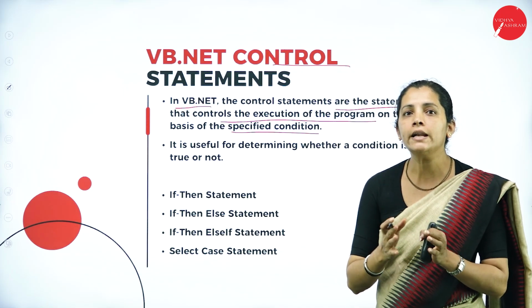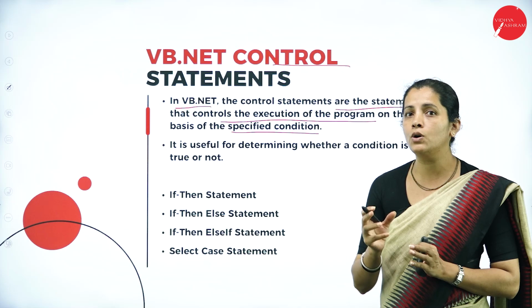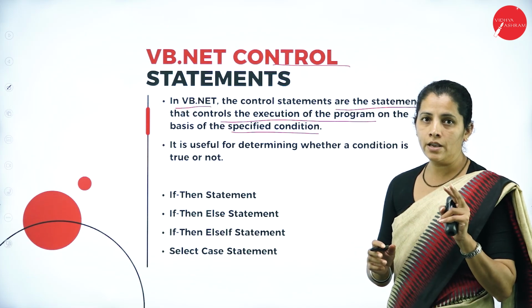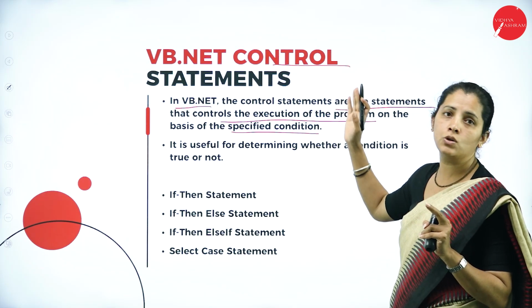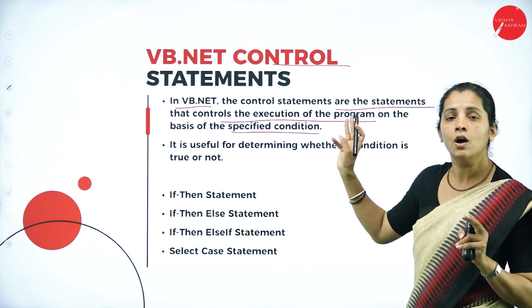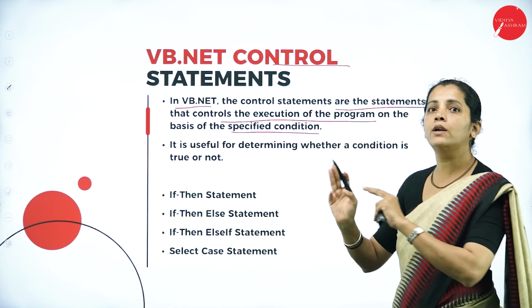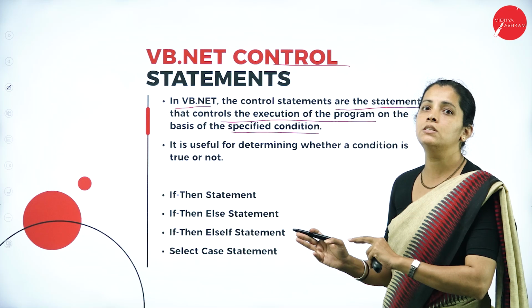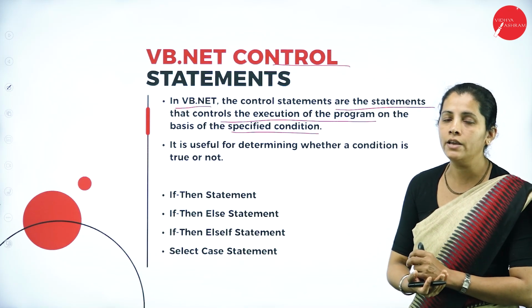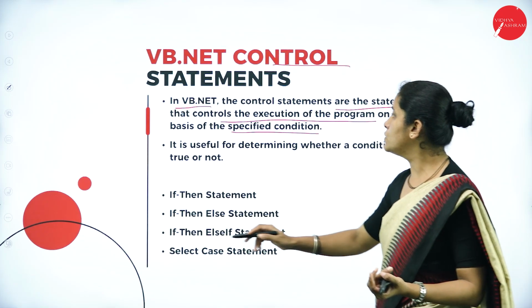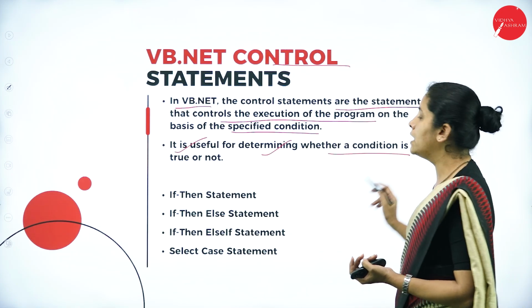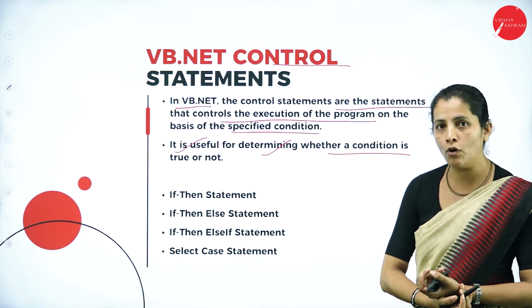So I write a condition in order to control the execution of the program. If I consider a control statement, I have two possibilities: one is true and one is false. One chance is to get the true result and another chance is to get the false result. So it is useful for determining whether a condition is true or false.